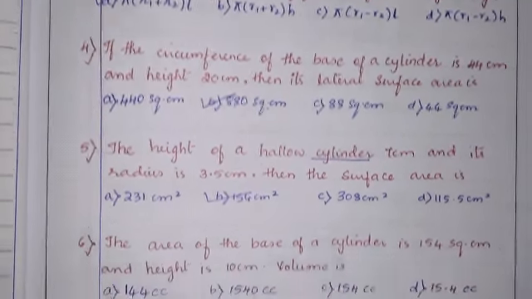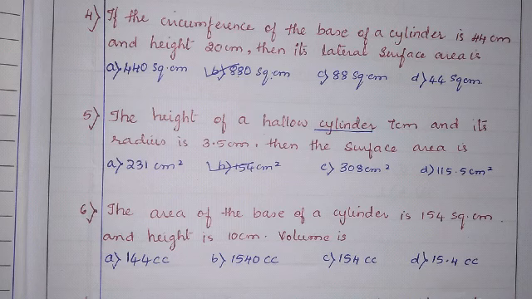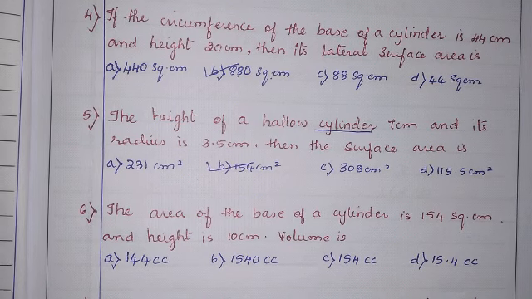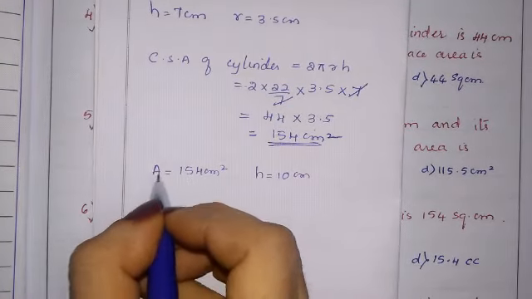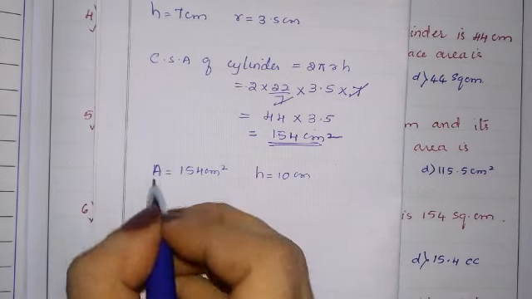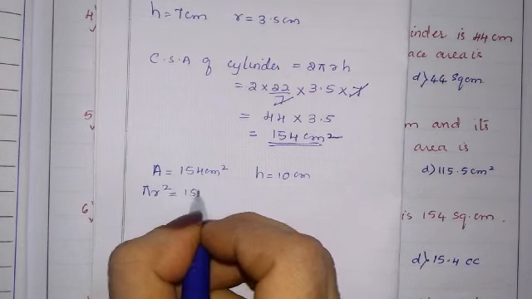The next question. The area of base of a cylinder is 154 centimeter square and height is 10 centimeter. The base of the cylinder is a circle, and the area of the circle is pi r square, which is 154.